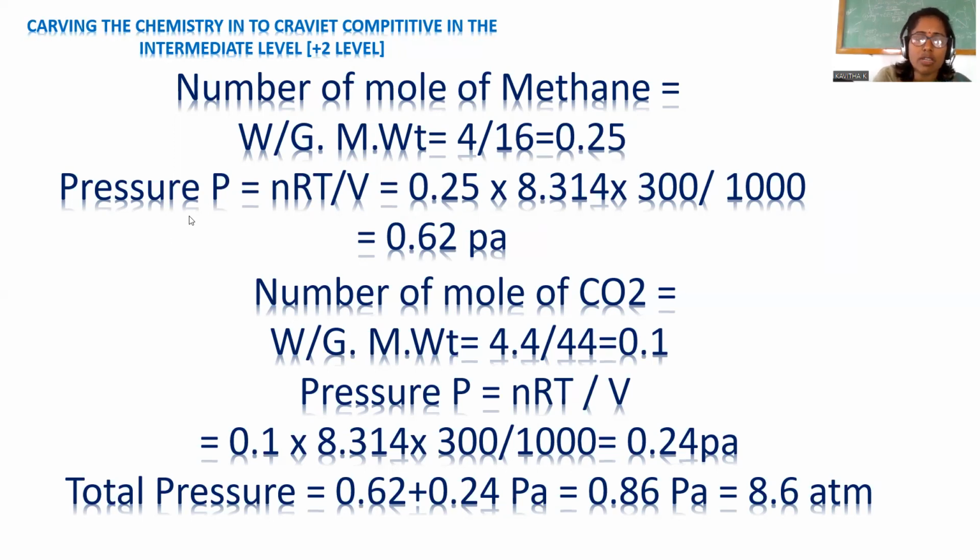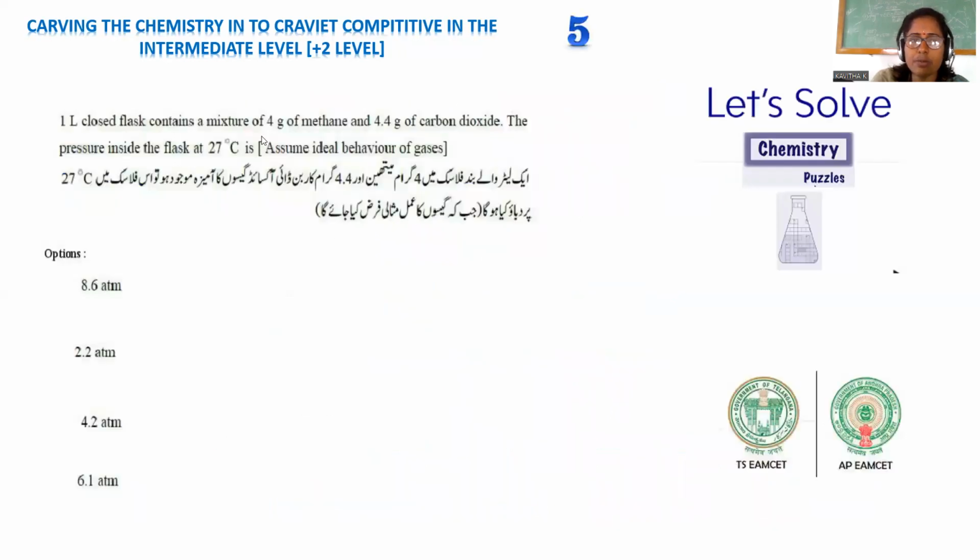And the pressure calculation for the ideal gas: P is equal to nRT by V. So n is the number of moles which is taken as 0.25. R is the gas constant whose value is 8.314. And T will be the temperature provided within the problem, that is 27 degrees centigrade. Centigrade to Kelvin scale, we have to add 27 with 273.